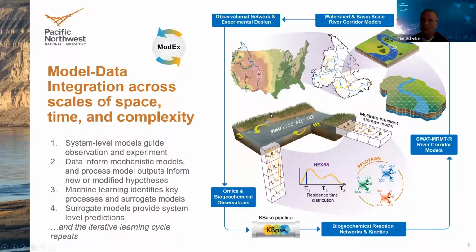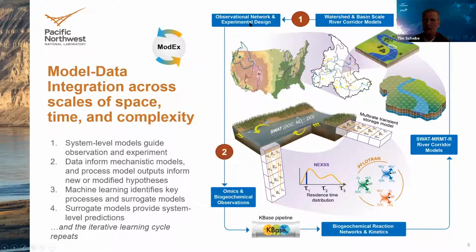So I'd like to walk you again through our MODEX concept a little bit using this plot and have you think about how this whole idea of molecular data can actually fit into a large-scale modeling framework. If you think about starting up here at the top, we can use existing basin and watershed scale models, such as I showed with the SPARROW model, to provide an initial design of our network or our experimental design.